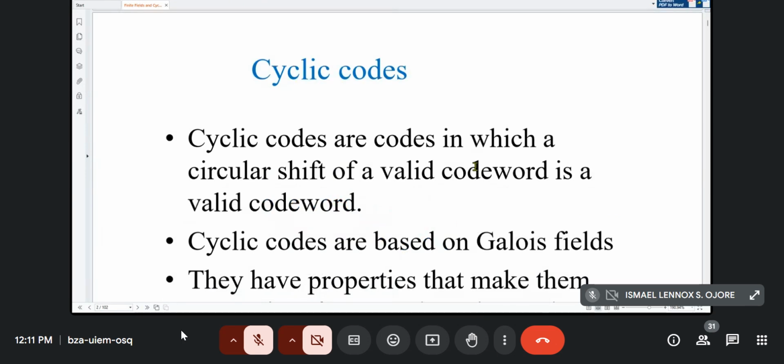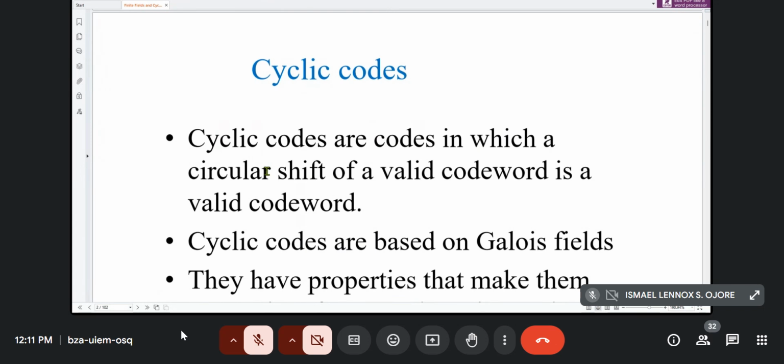So, what are cyclic codes? Cyclic codes are just codes in which a circular shift of a valid code word is a valid code word. And in this case, when we talk about a valid code word, we are saying a code word that was generated by a specific generator polynomial or generator matrix.